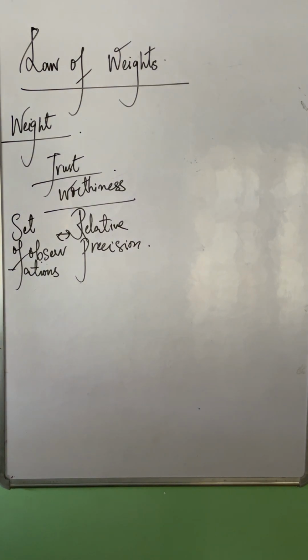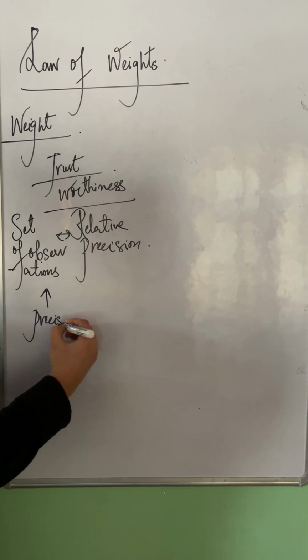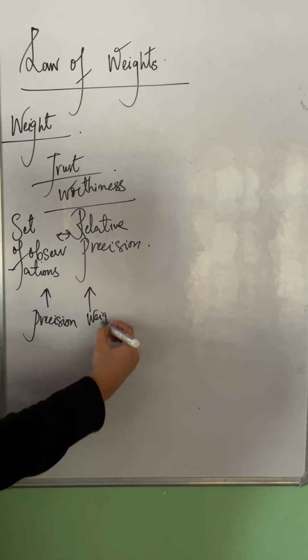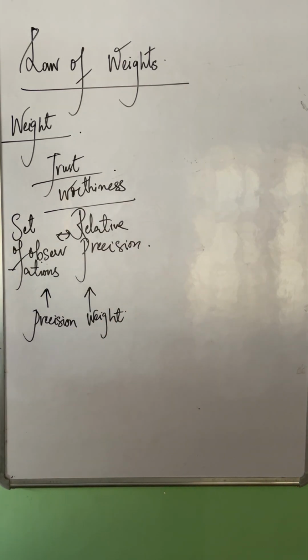The greater the precision of an observation, the greater is its weight. So the greater precision indicates greater or higher weight. And weight of a quantity is its trustworthiness.